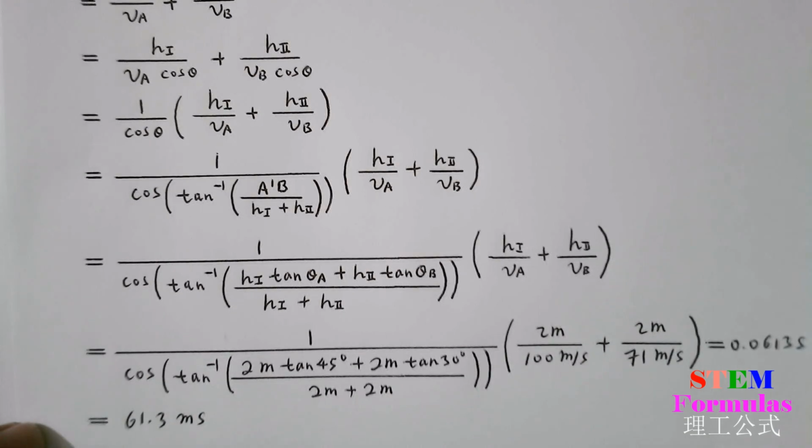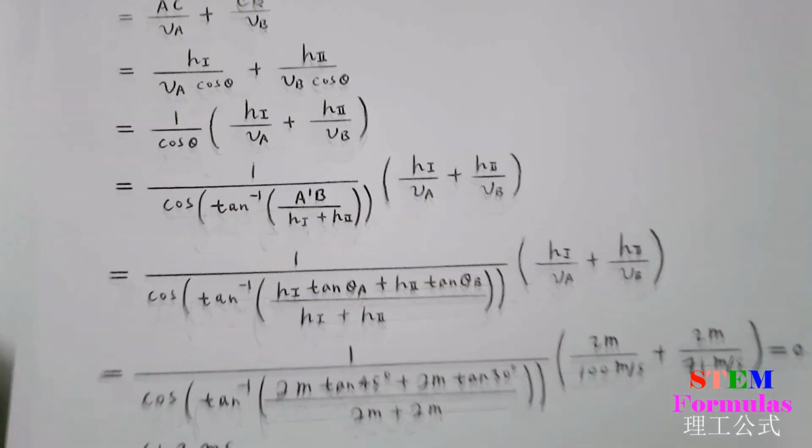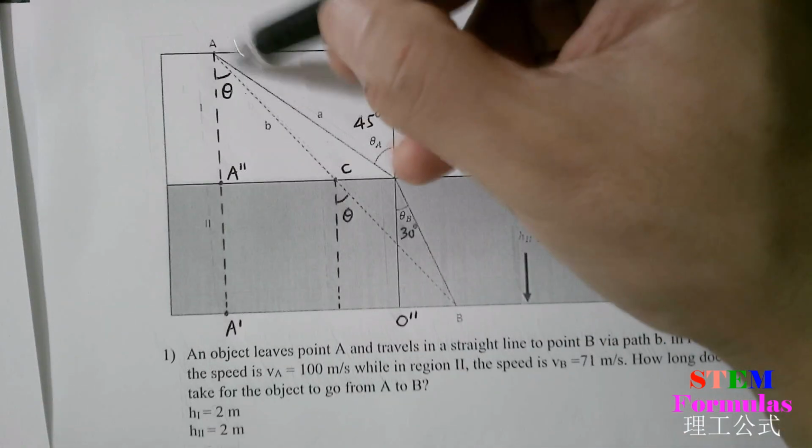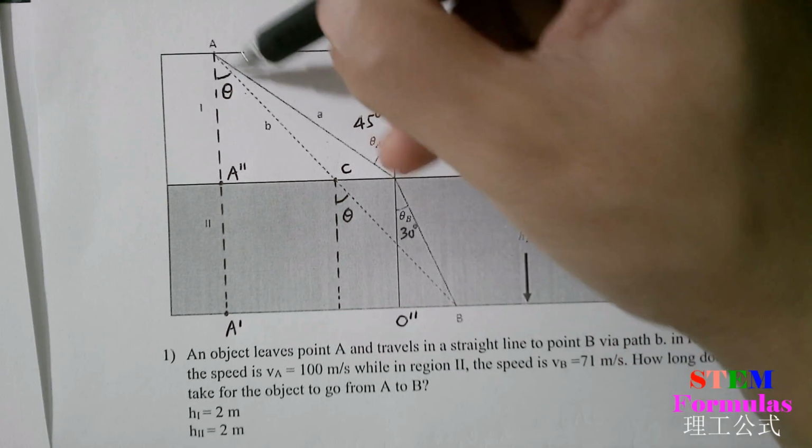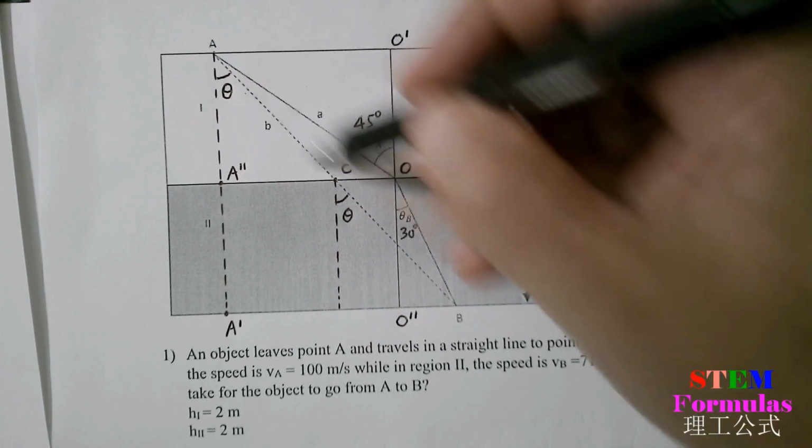So by numerical calculation, we find out this path, the dashed line, takes a longer time.